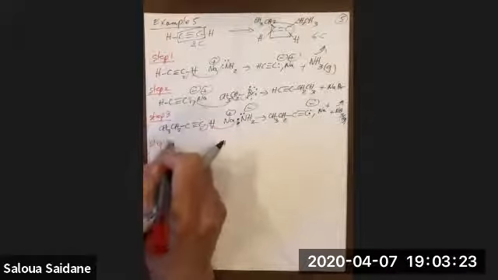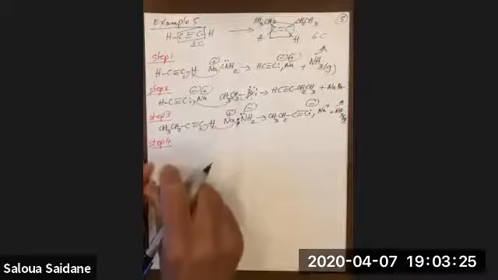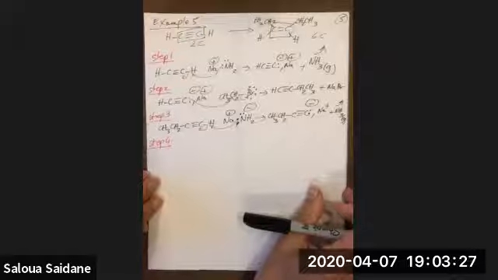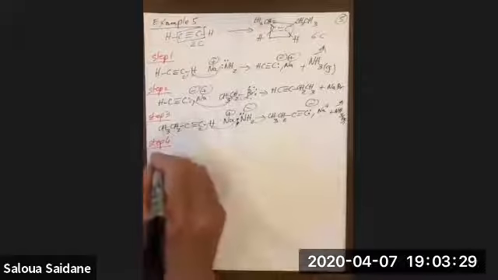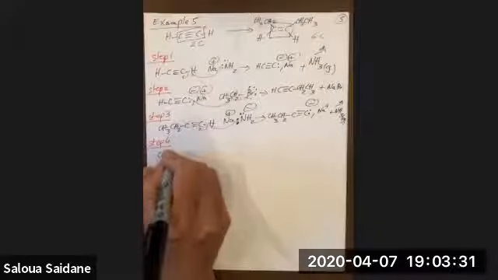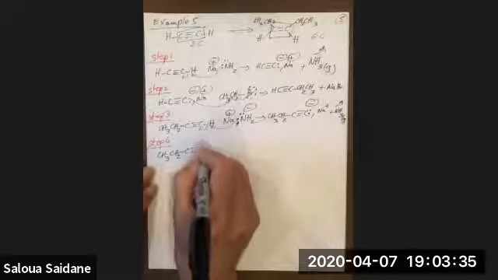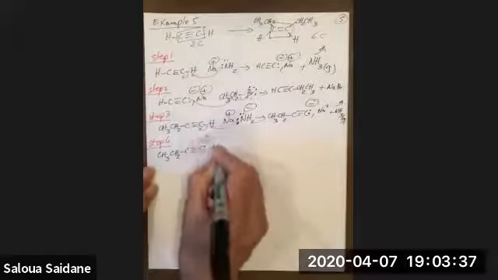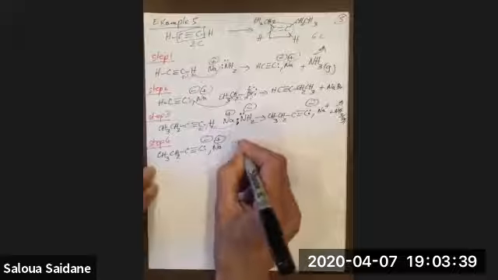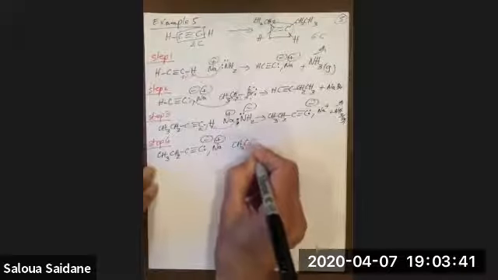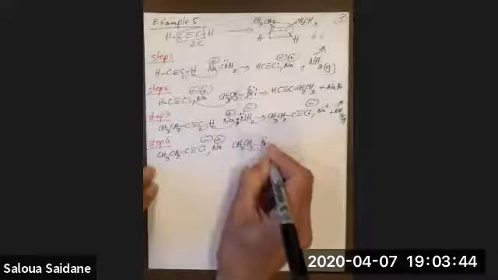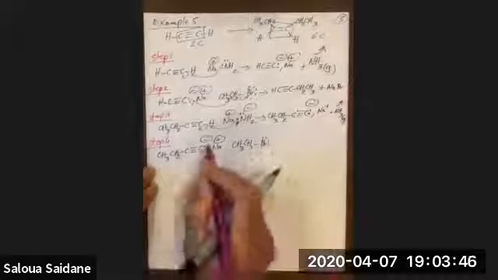So this is step 4. We go CH3, CH2, C minus, Na plus. And we're going to add CH3, CH2Br. Same thing.